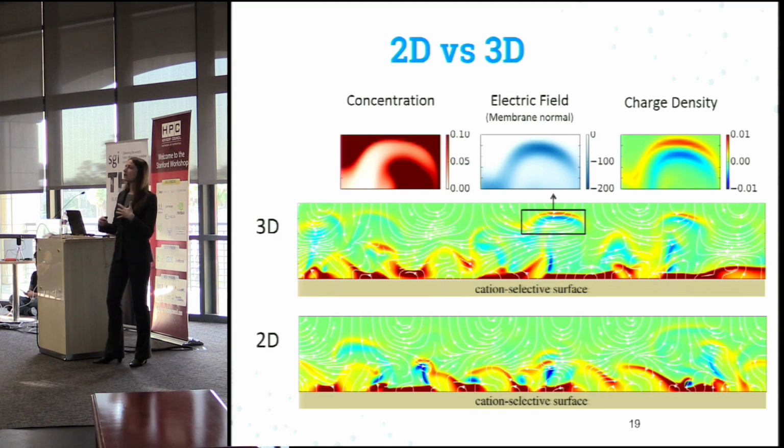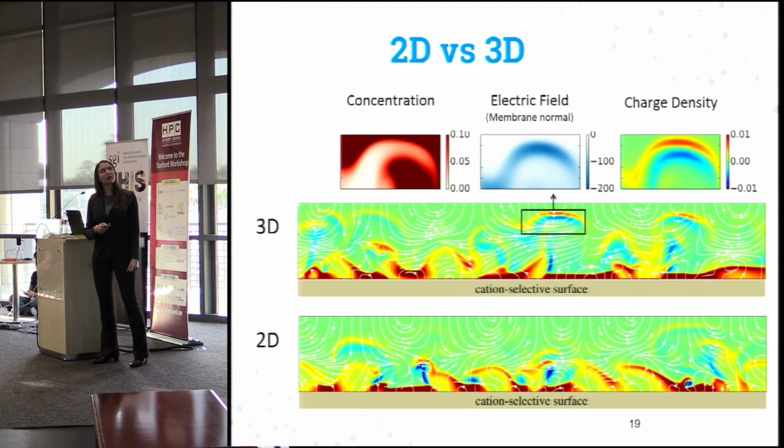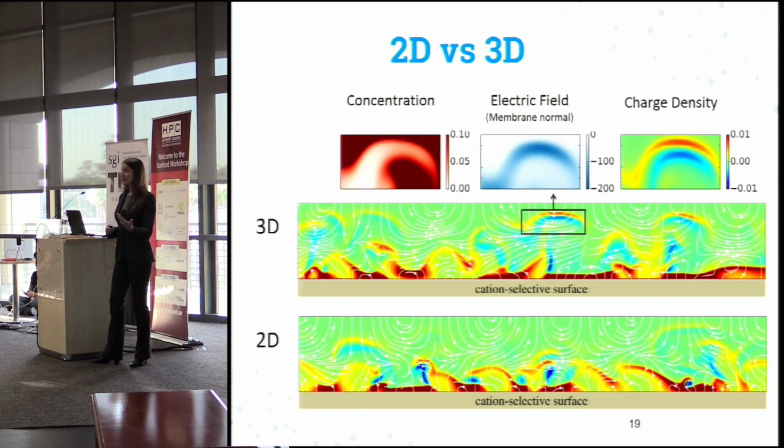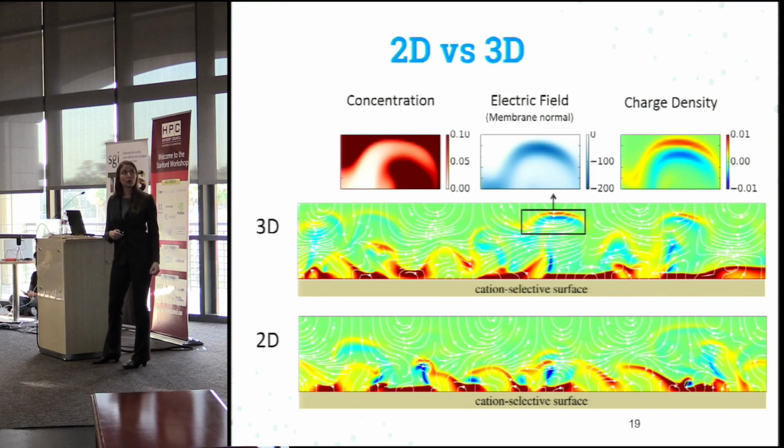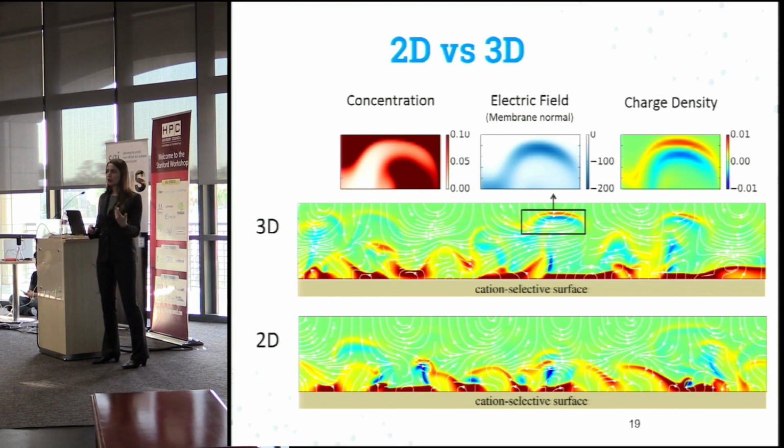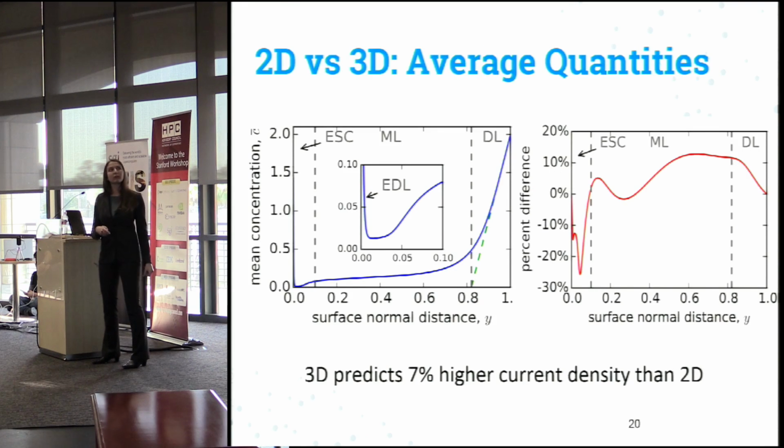And then through Gauss's law, we can recognize that the combination of these concentration gradients and these electric field gradients result in these charge density ribbons, which create a larger body force, inducing more of these vortices. So we can ask ourselves, okay, if we're in a situation where we want to maybe depress the fluid motion or encourage mixing, what are some of the ways that we can encourage or discourage these structures from appearing?